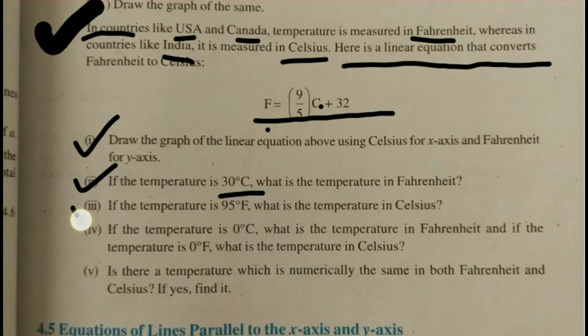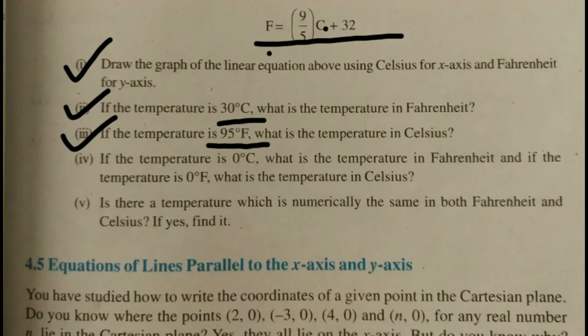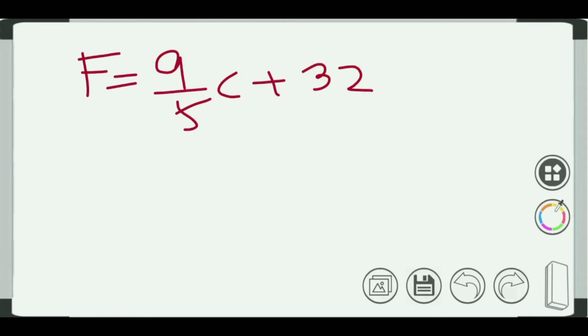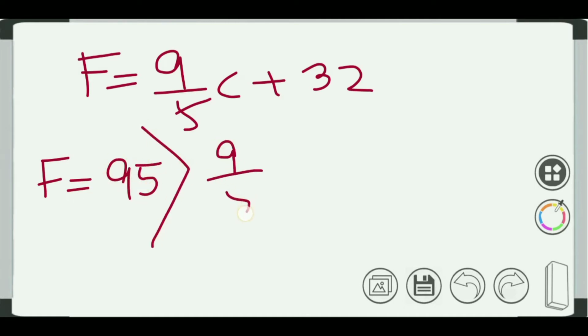The third one is, if the temperature is 95 degree Fahrenheit, what is the temperature in Celsius? So we need to substitute 95 instead of F and see what is the value of C. F is equal to 9 by 5 C plus 32. So we are substituting F is equal to 95. Therefore 9 by 5 C plus 32 is equal to F, F means 95.